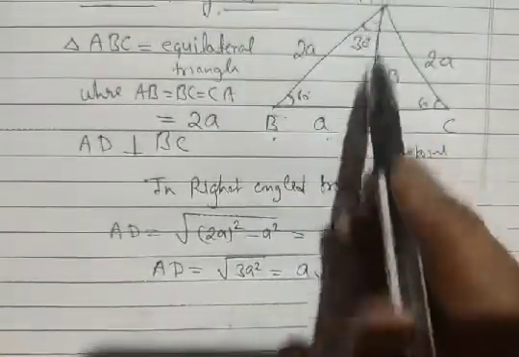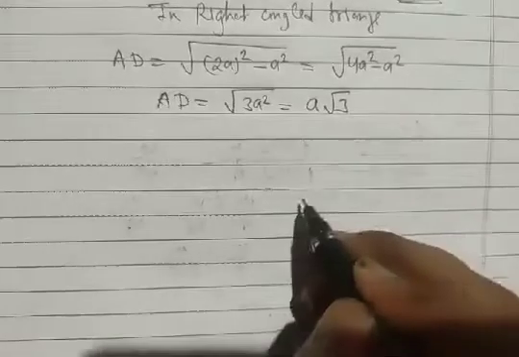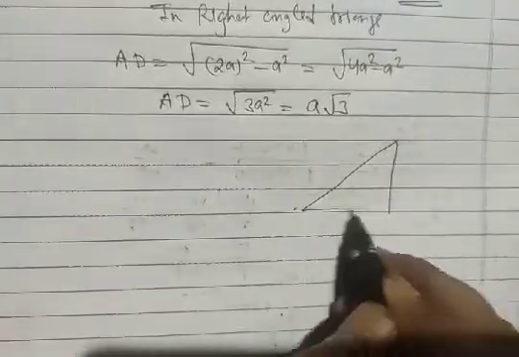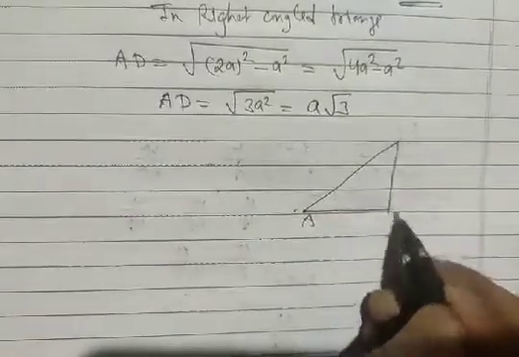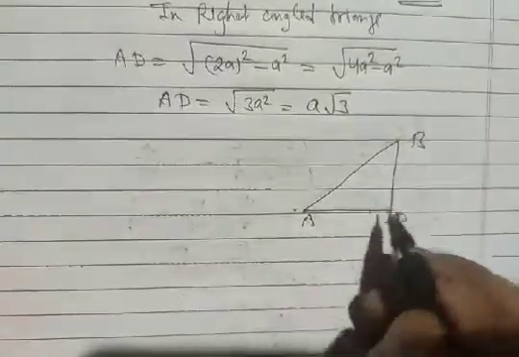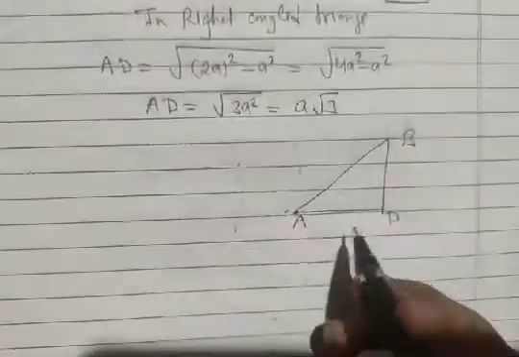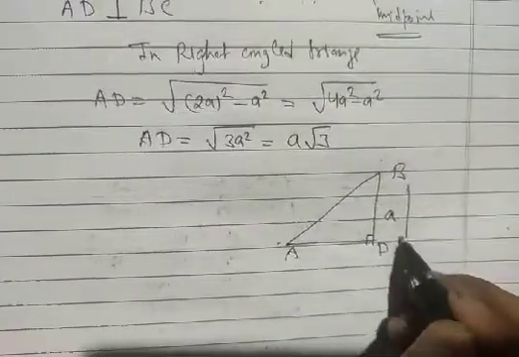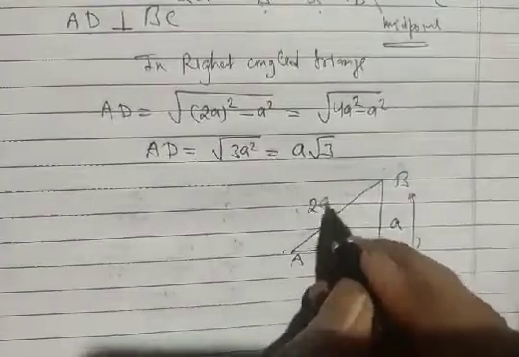For the sake of convenience, we are going to draw triangle ADB individually here. A, D and B. Here D is a right angle. That's why we have taken ADB. Now BD length is A. AB is 2A.